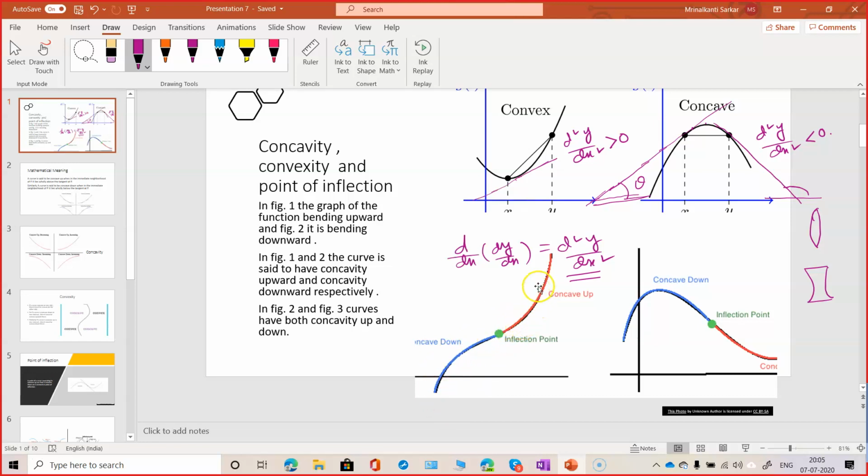After this point, it is concave up, meaning d square y by dx square is positive. So negative to positive, how can it change? If we don't get a 0 over there, at the point of inflection we will be getting a 0. Okay? So at the point of inflection, the concavity of the curve changes, or the value of the second order derivative becomes 0 over there. Okay?